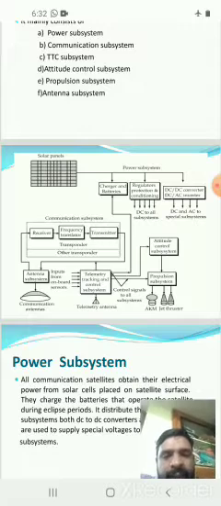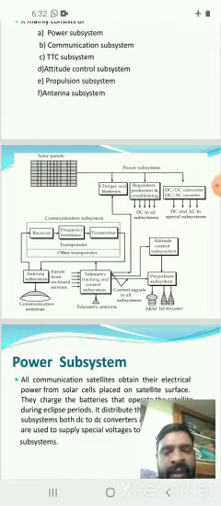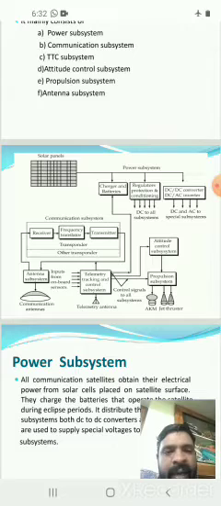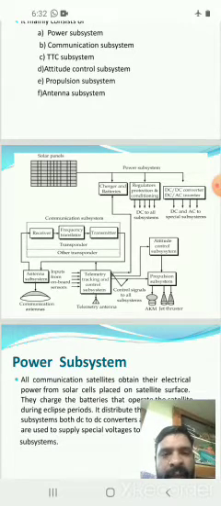Here the diagram shows the different blocks in a communication satellite. Solar panels and power subsystem is one part. Communication subsystem, receivers, frequency translators or transmitter is one part. TTC, telemetry tracking and control subsystem is one part.